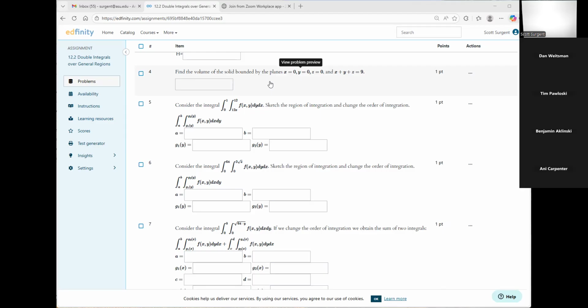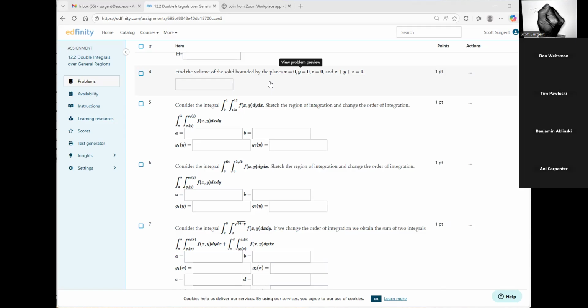It's a tetrahedron. It's basically the YZ plane, the XY plane, and the XZ plane, and then you got a slanting plane kind of cutting through it in the first octant. And so I'm going to do that one. This is 12-2, number 4.